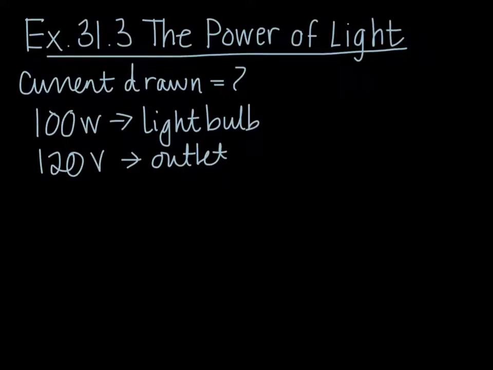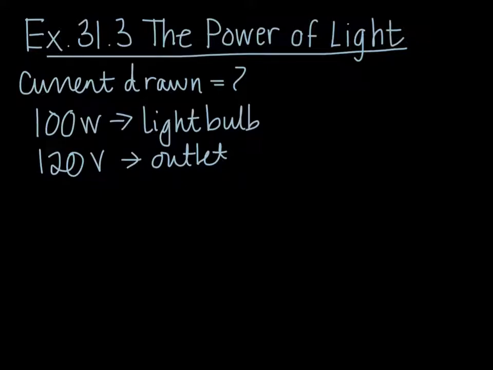So in this example, we have a 100-watt light bulb, which is pretty bright. I think probably in your house you probably use a 40-watt or a 60-watt. Probably should have used that for this example. We want to know what current is drawn from a 120-volt outlet, which is also typical voltage out of your home outlets.